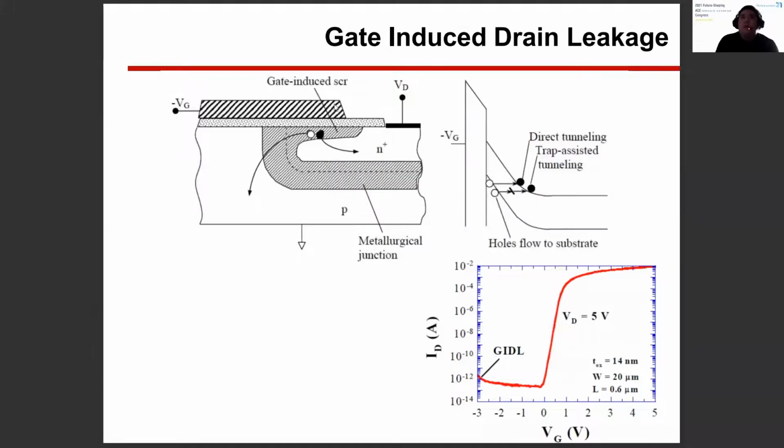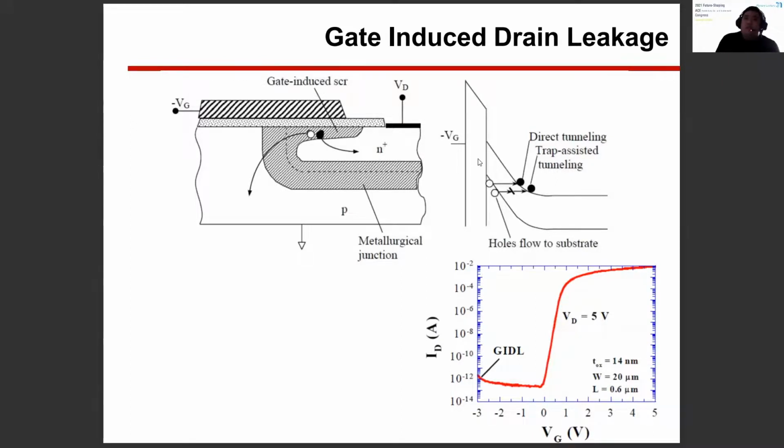Let me look at the gate rather than the drain and source. If we put a negative voltage in the gate and zero voltage in the drain or source, in this N plus region, because a negative voltage is applied to the gate, the depletion region is wider than in the normal situation.